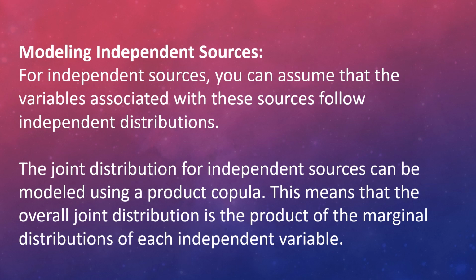The joint distribution for independent sources can be modeled using a product copula. This means that the overall joint distribution is the product of the marginal distributions of each independent variable.